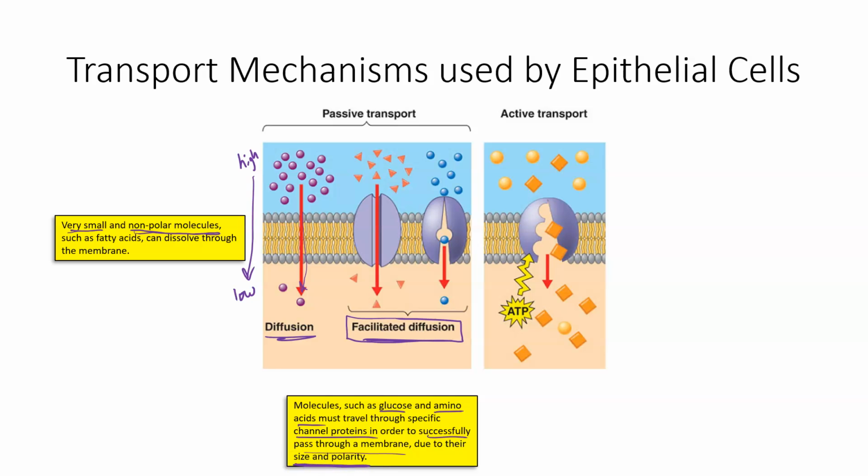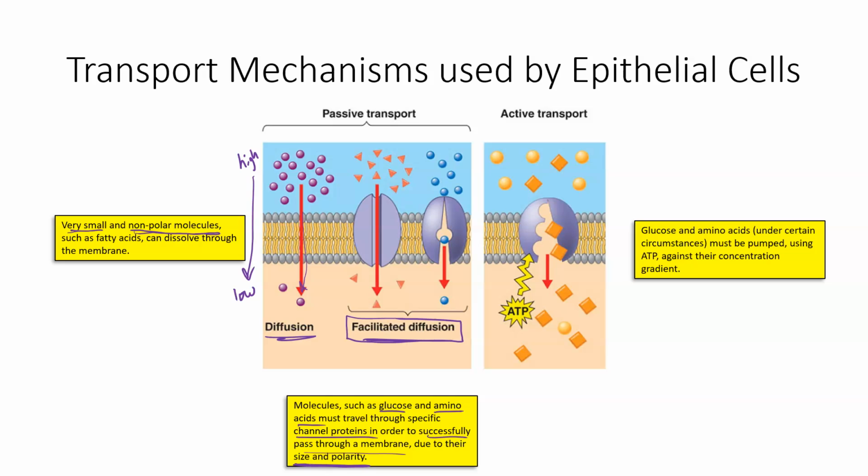In the event we need to actively pump a molecule against the concentration gradient, we employ an active transport mechanism, which in some circumstances is glucose and amino acids. They have to actively be pumped, and most of the time they use ATP energy in order to get them from an area of low to an area of high concentration.